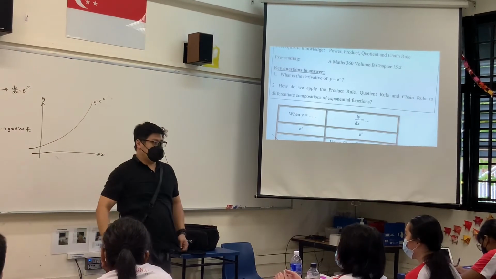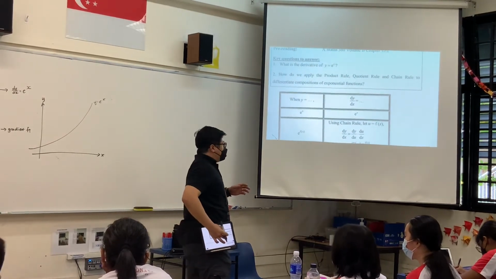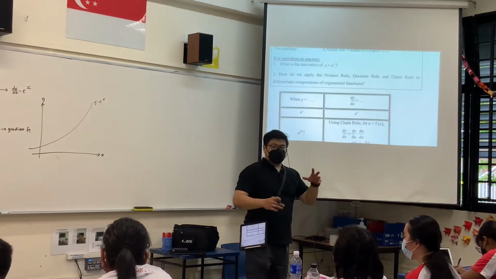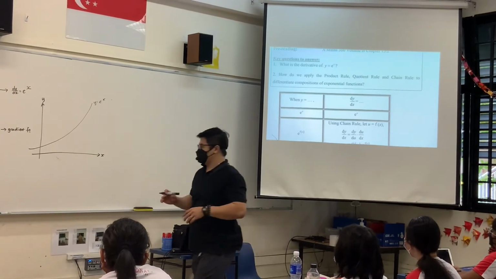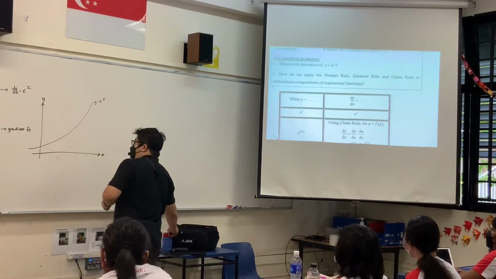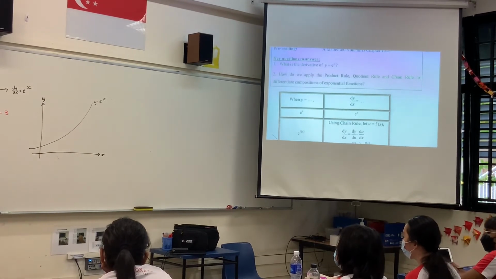So far, okay? Then what about the chain rule? Same principles, we look at it from outside to inside. Say y equals e to the power of 7x plus 3. I will look for two layers.